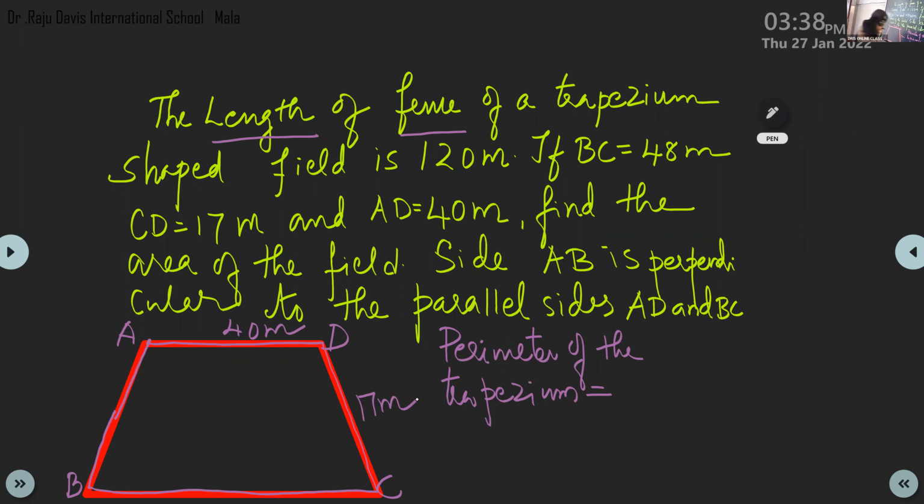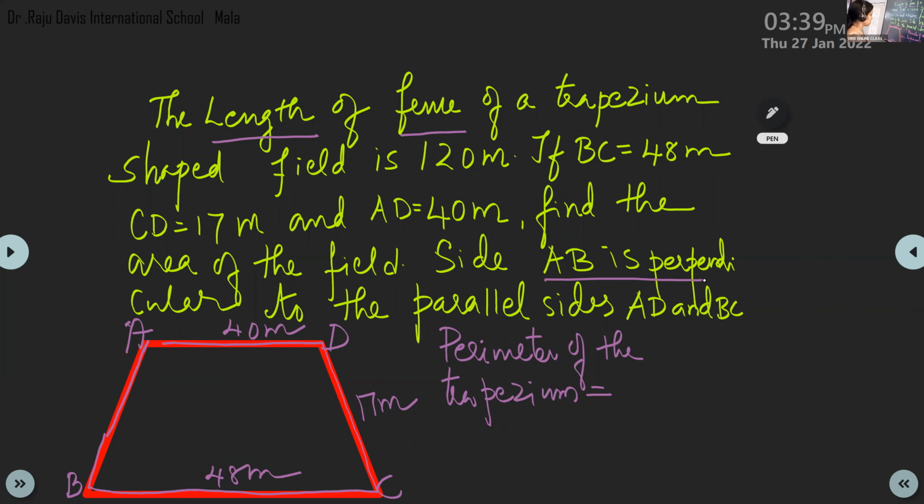Then the last one is 48 meter. And the other one we have to find out. AB, this side is not slanted, it is perpendicular. See here, it is given that AB is perpendicular to the parallel sides. So that is the height. The length of AB is the height of the trapezium.